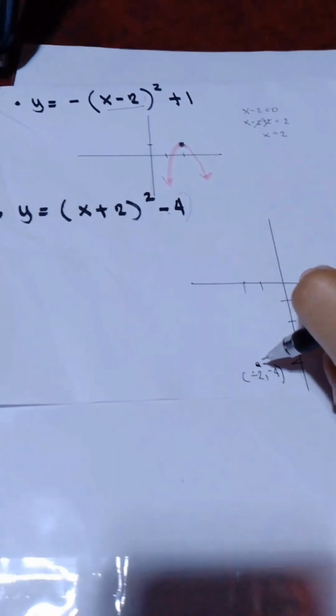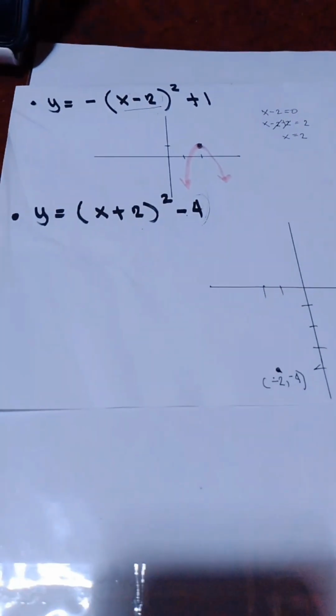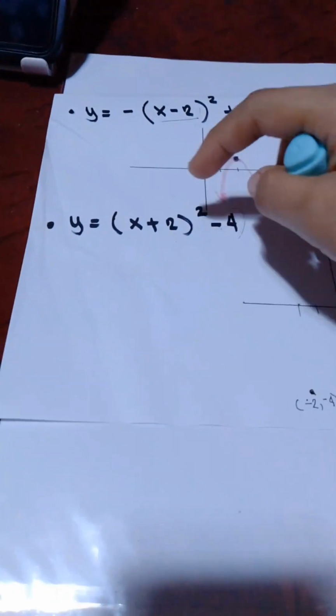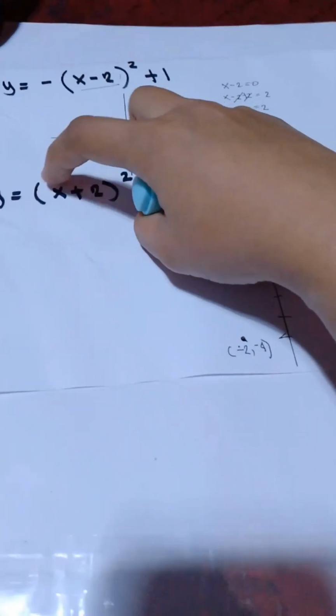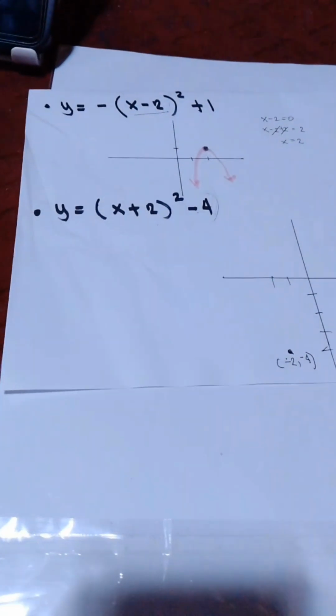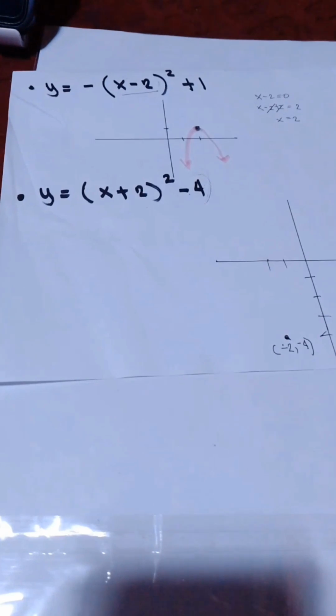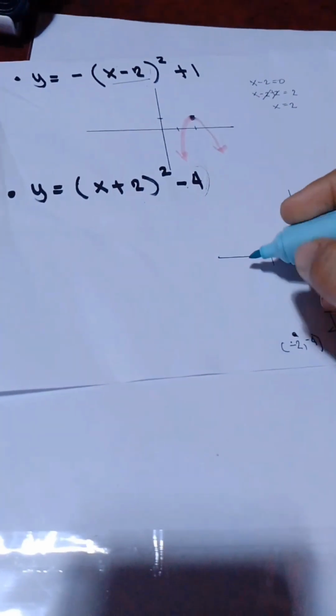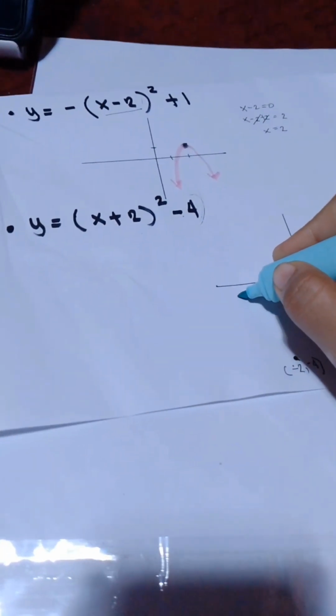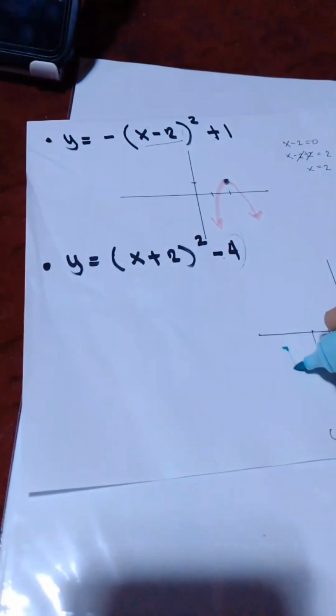That's where our vertex is located. Since it's positive, we assume that it opens upward, so it looks something like this.